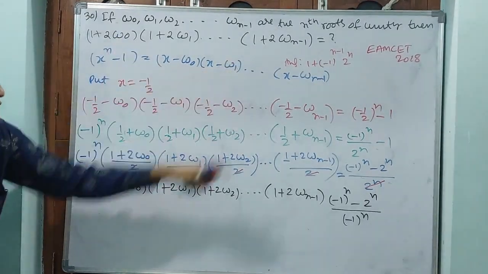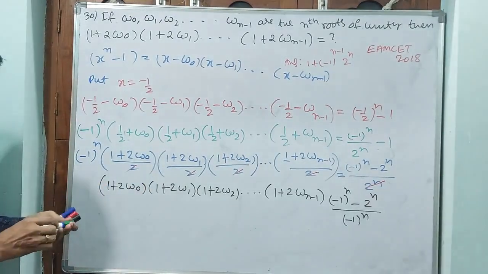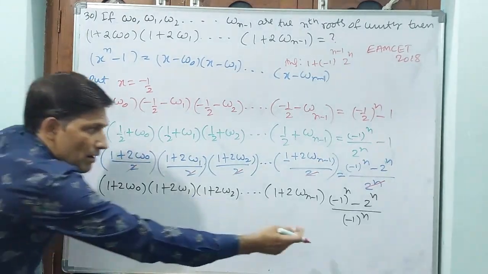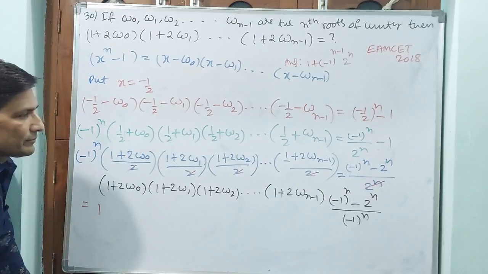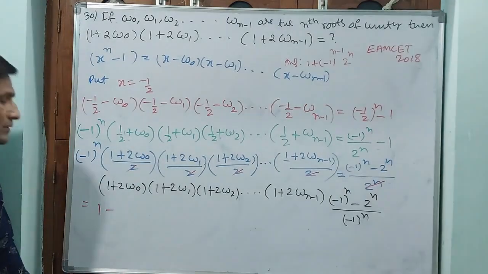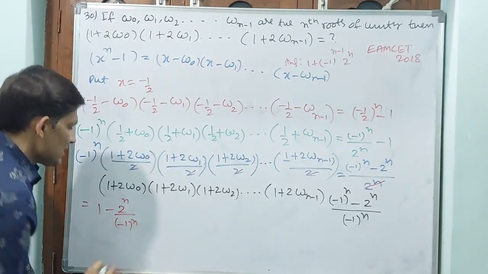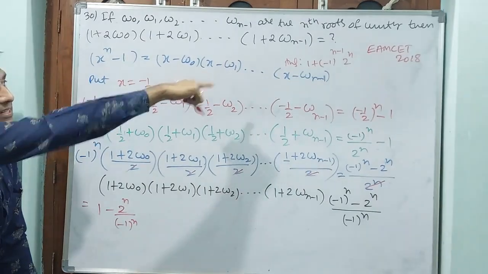Why? Because LHS only you require. You only work on RHS. See how I am working on RHS. Observe carefully. See, minus 1 power n minus 2 power n divided by minus 1 power n. See, I have separated. Now 1 minus something is there, but you want to get that answer.